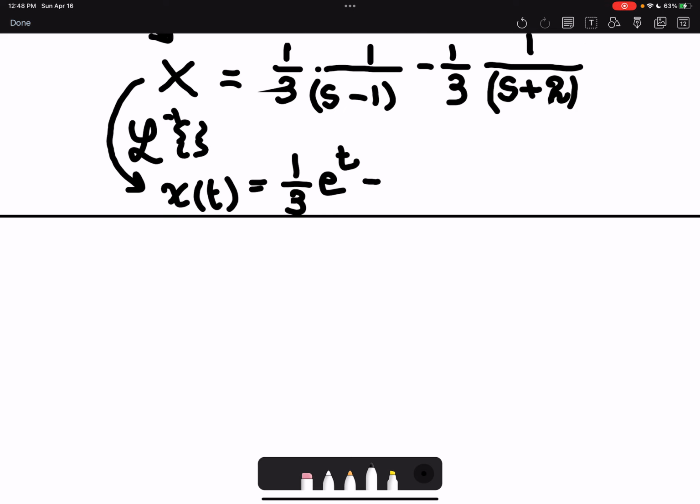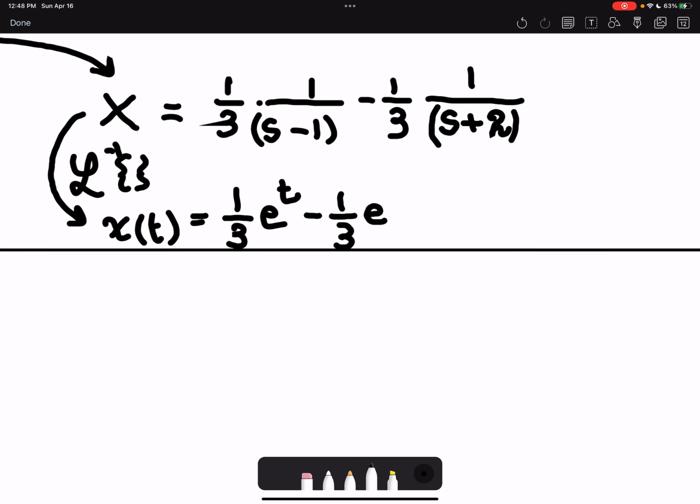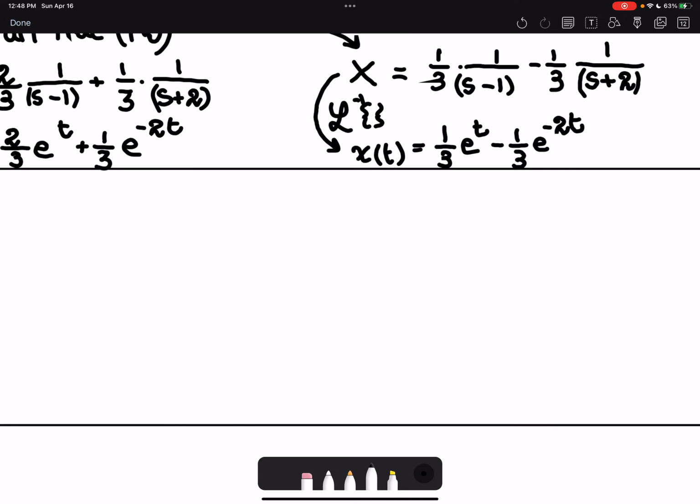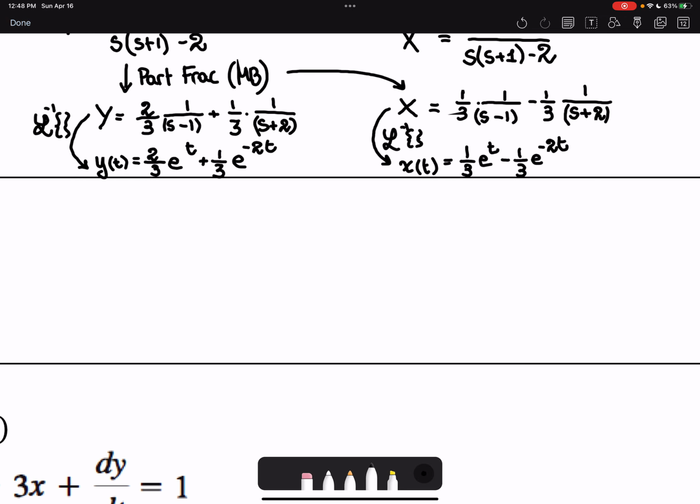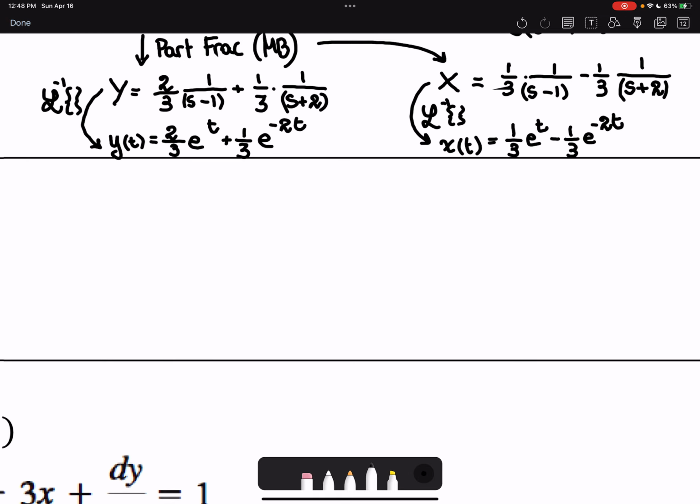And then here I'm going to have negative 1/3 times e to the negative 2t, because I have s plus 2. So I reasoned that it must have been negative 2. And these are my results.